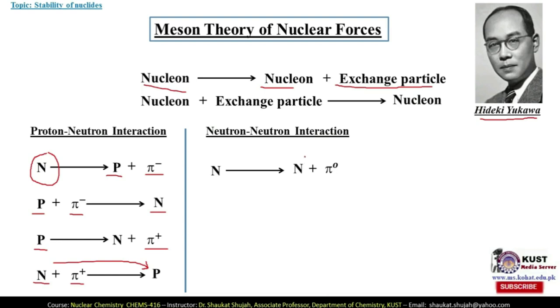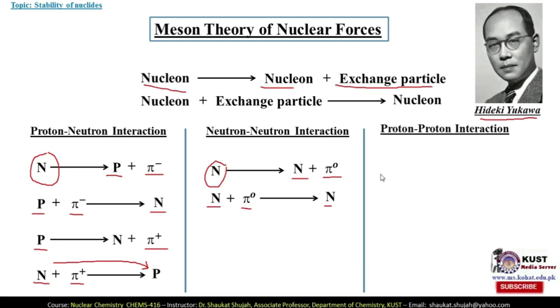During this type of interaction, a neutron is converted to another neutron with the emission of a neutral pi meson, and that neutral pi meson is absorbed by another neutron.